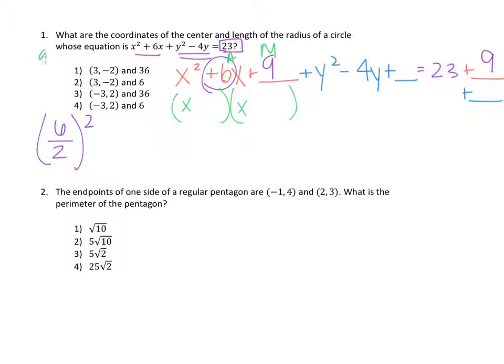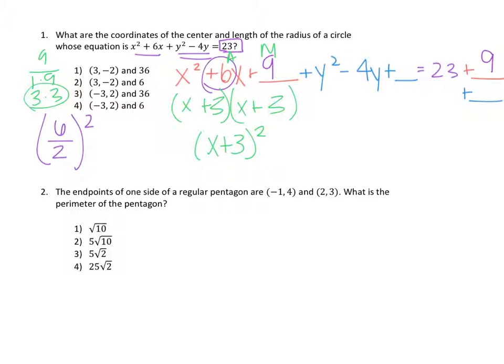Our factors of 9 are 1 times 9 and 3 times 3. So the only pair that helps us add to 6 is 3 and 3. And they both must be positive in order to add to a positive 6. So now I condense this by saying that we have x plus 3 quantity squared.